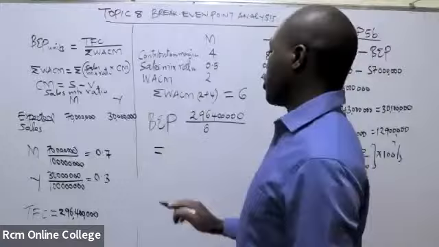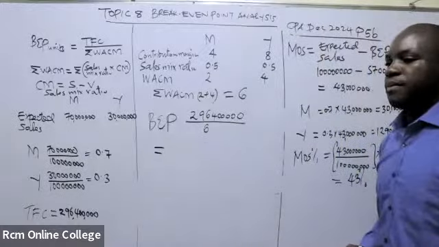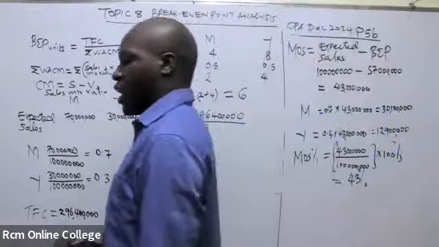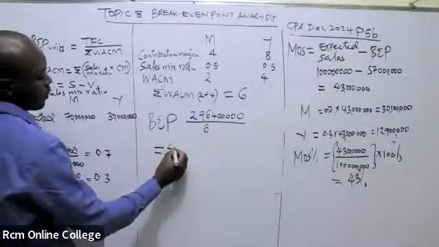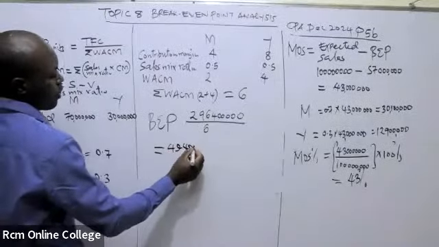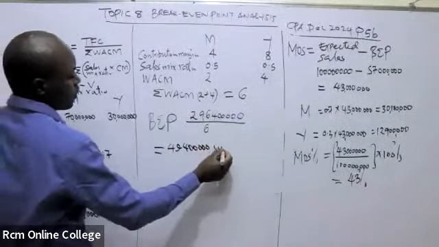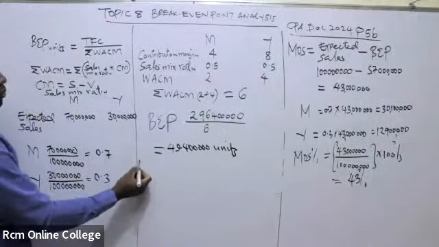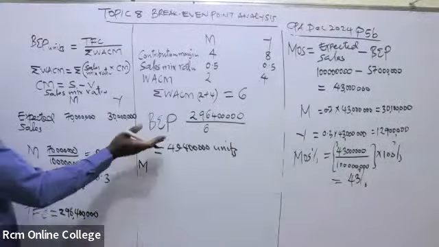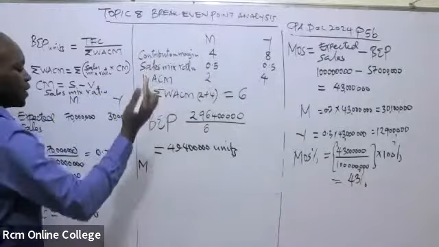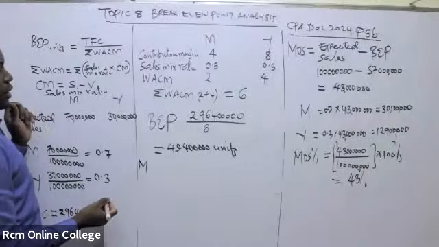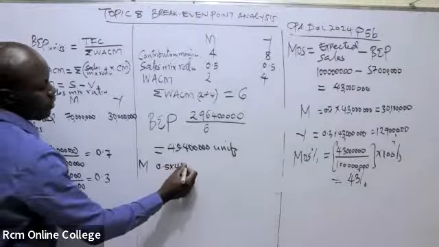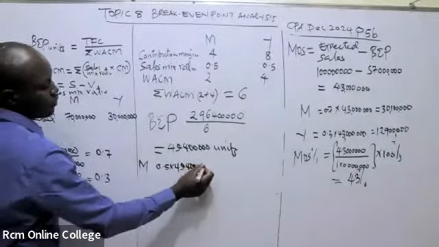So what are you getting as the break-even point in units? What is our new break-even point? Our new break-even point is 49,400,000 units. Can we get the share of each product? Product M, remember we are going to distribute this based on the sales mix ratio. So product M has got 0.5 of the 49,400,000.